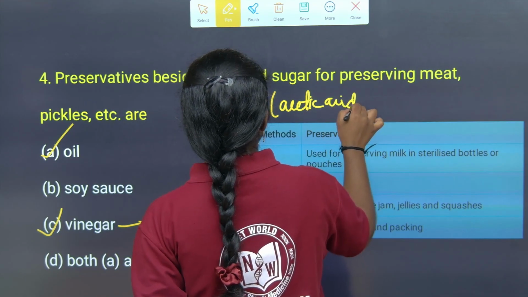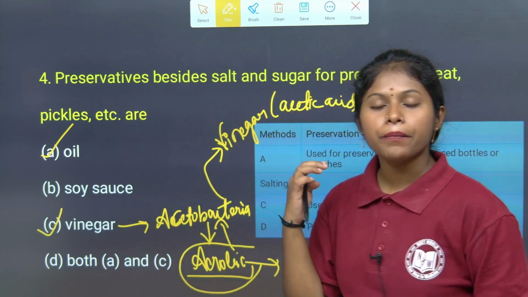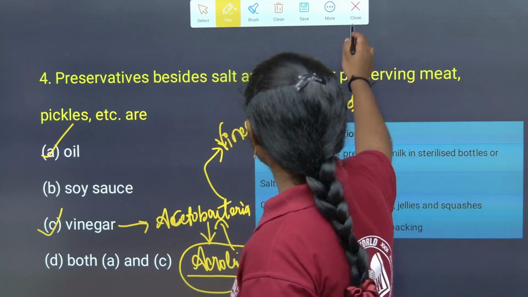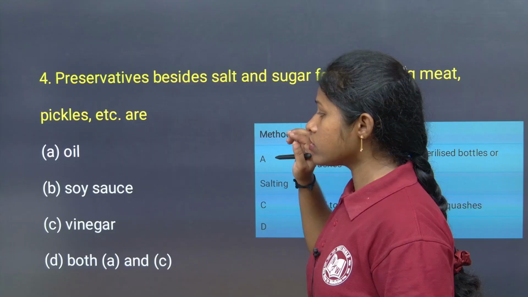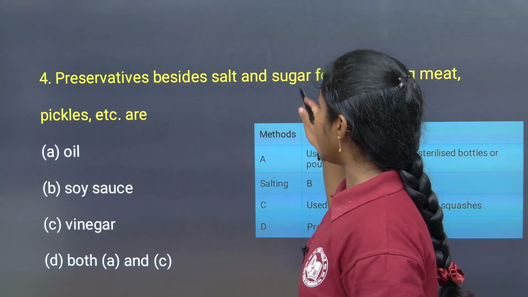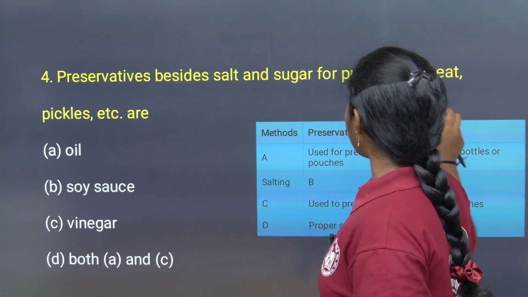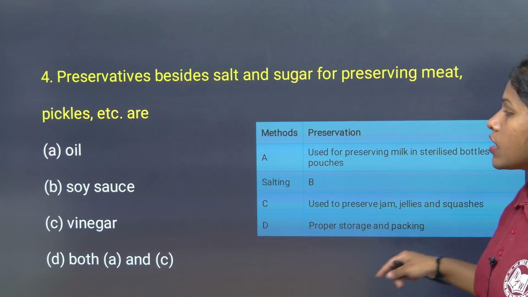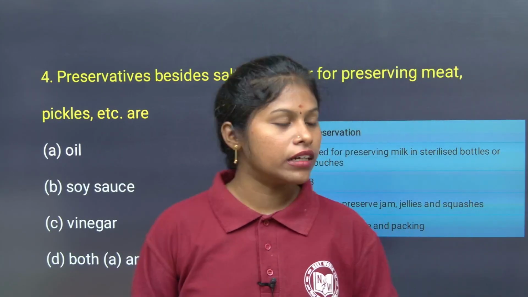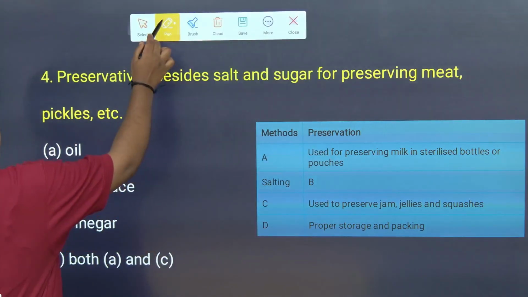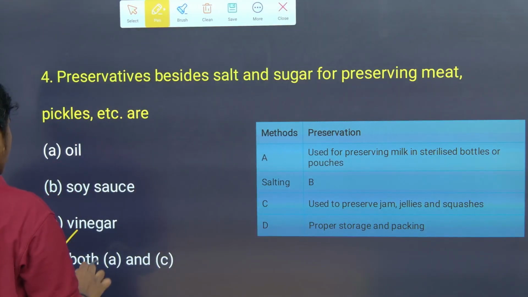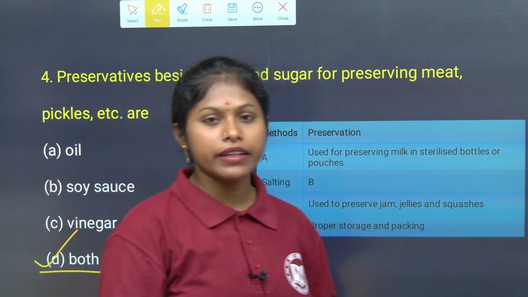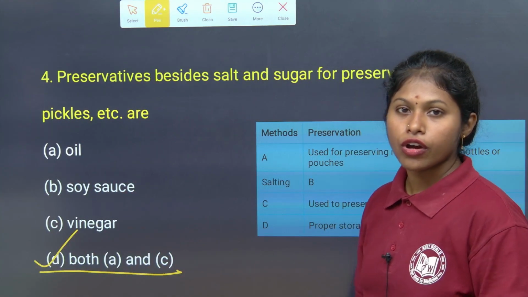So vinegar is also used to preserve fruits, vegetables, pickles. For all that we use oil and vinegar. Along with salt and sugar, for preserving meat, pickles, fruits and vegetables, we also use oil and vinegar. These are natural preservative methods to increase the shelf life of food materials.